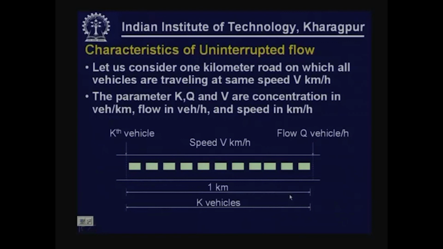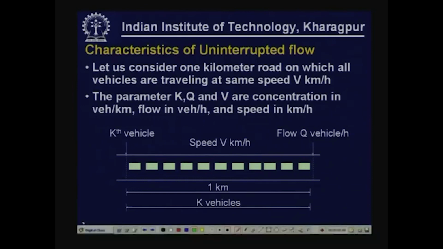Coming to the characteristics of uninterrupted flow, we have already said that for uninterrupted flow, flow equals speed into density. So, we can try to show you that derivation. Let us consider a 1 kilometer road on which all vehicles are travelling at the same speed. This is just an assumption to show you the simple formulation.